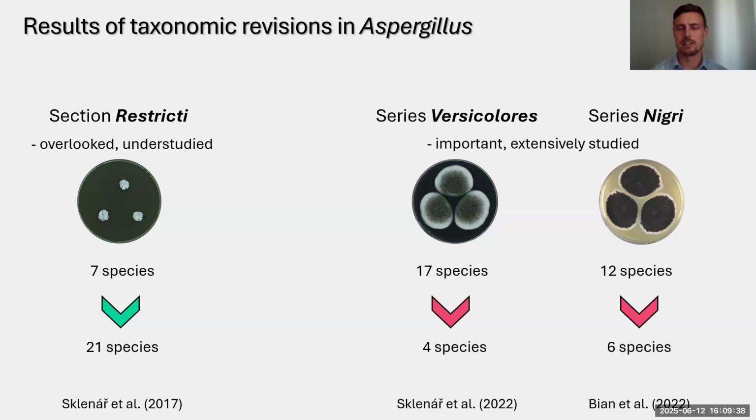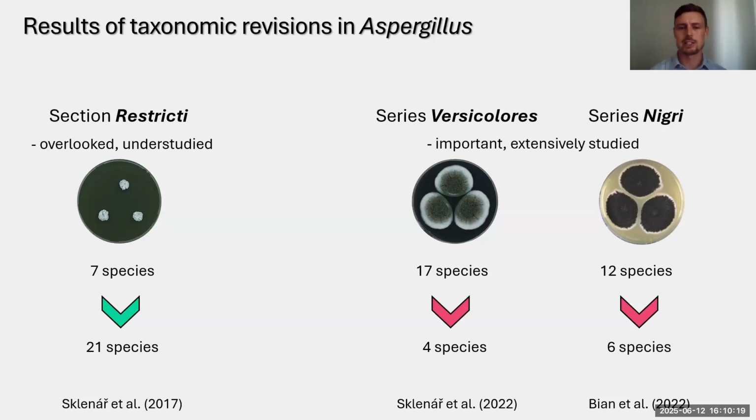But in contrast to that, we also did revisions of other parts of Aspergillus, like the series Versicolores or Nigri, and these are extensively studied parts of the genus. Even before our work, there were already a lot of known strains. The studies worked with a higher number of strains, and quite a lot of species were described within these sections.